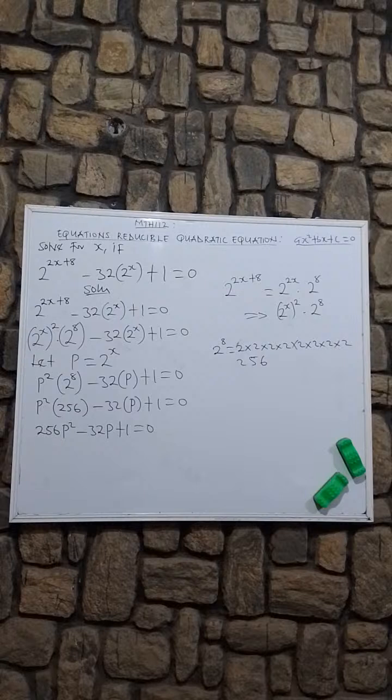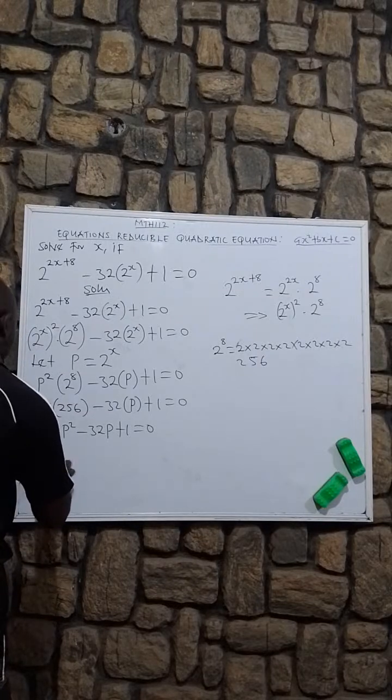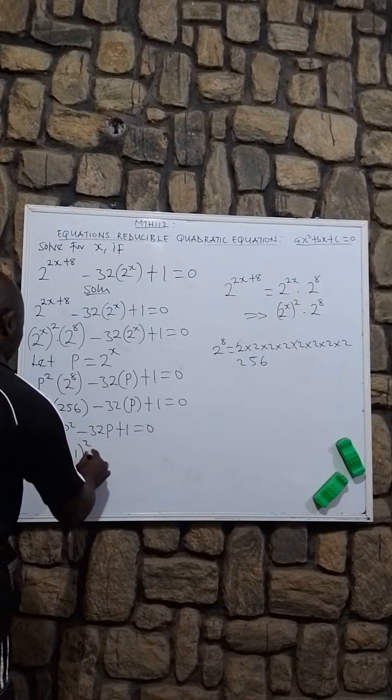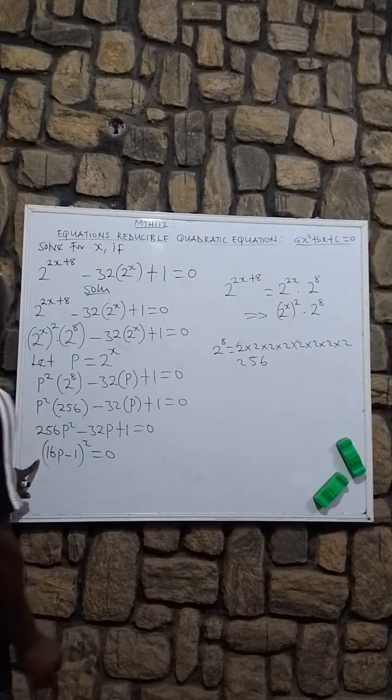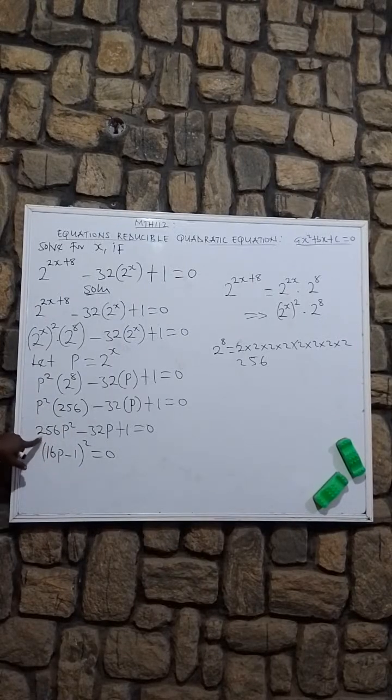But looking at this, the factor is 16p minus 1 all squared equals 0. This will give you this quadratic equation again. You either use the formula method or factorization method.